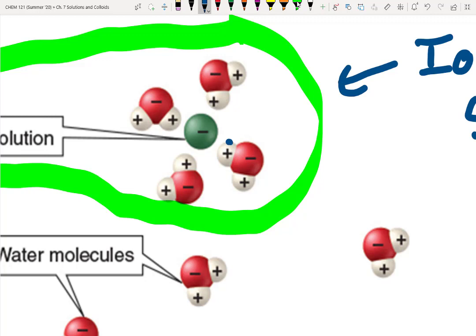That means that the hydrogens have these partial positive charges. They're not full positive charges, but they show it here just to give you that idea. And because of that, the negative charge essentially wants to be surrounded by these partial positive charges on the hydrogens in water. Those opposite charges are stabilizing.